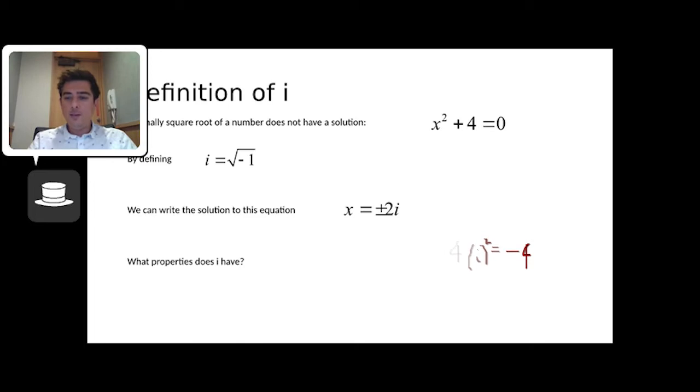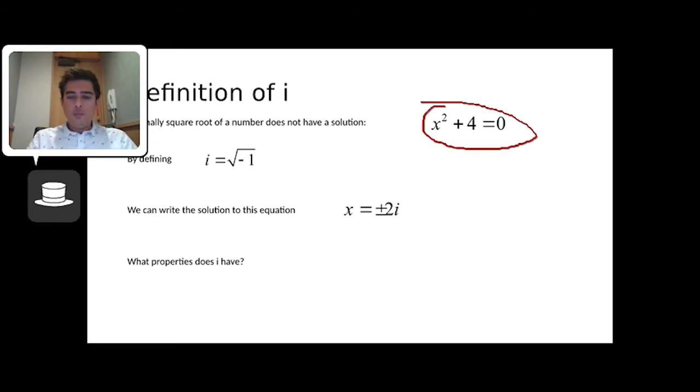Anyway, I think you get the picture. So x squared is equal to minus 4, and you can see that this is the solution of that. That gives us how to actually get the solution of this particular equation.